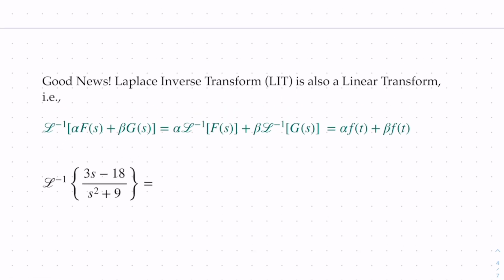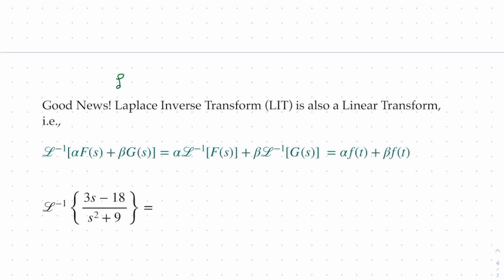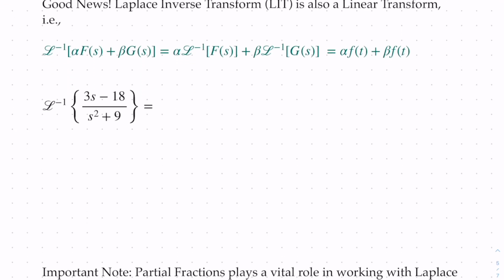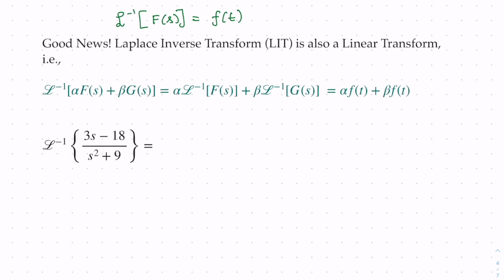Remember, the way that we said was that for the Laplace inverse, you feed in capital F of s, and then you get a small f of t as the output, right? Now, how do I use this linearity property to find something like this? Let's see, how do we do that? So now I'm going to again use the linearity property.